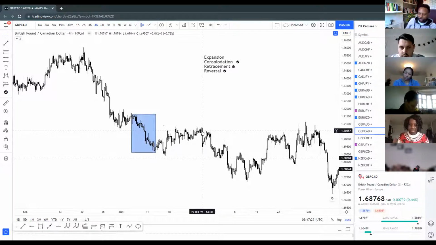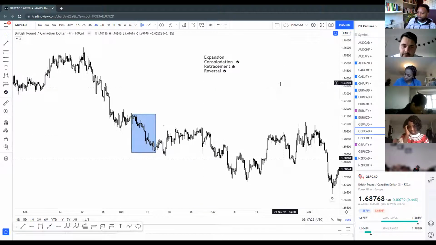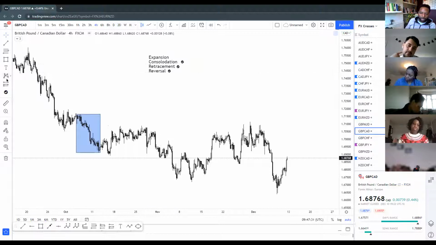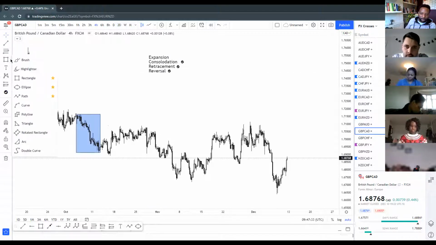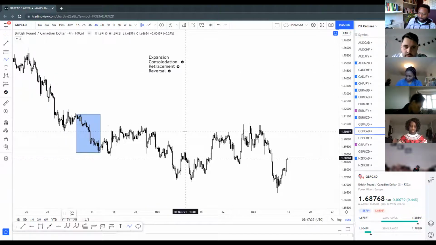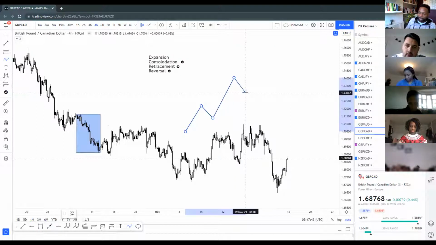So let's explain. Expansion can happen. Let me draw a little diagram then. All right, and we'll do it like this. Expansion, in its simplest terms, is just the opposite of a retracement. That's all it is.